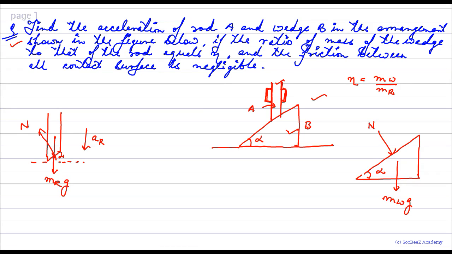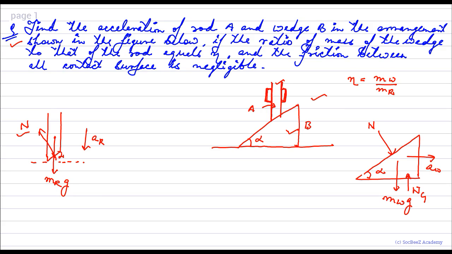Its magnitude is going to be same as this value, and these two forces are going to be balanced in the vertical direction by the normal force which would be provided by the ground. Let's say it is Ng. Now this wedge is going to move only in the horizontal direction. Let's say it is moving in the rightward direction. So let's say that the magnitude of the acceleration of the wedge towards the rightward direction is aw.